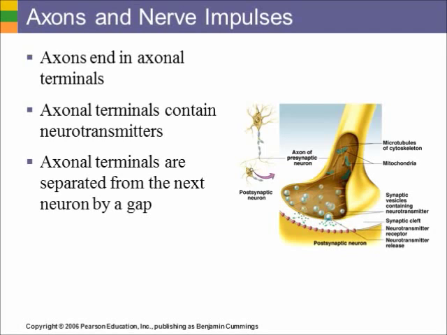That gap is called the synaptic cleft. So this space right here that's separating the axon of the presynaptic neuron, presynaptic right here, postsynaptic down here, that gap that separates them is the synaptic cleft.